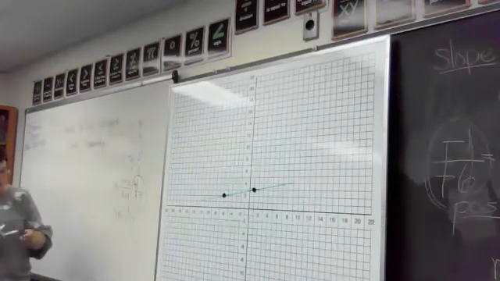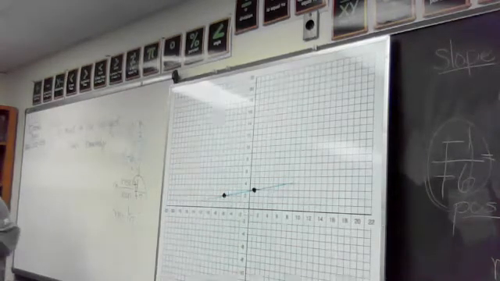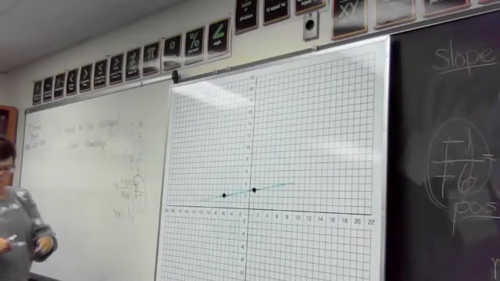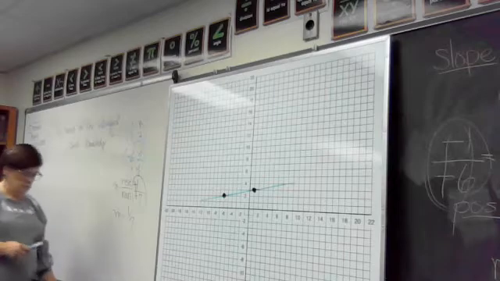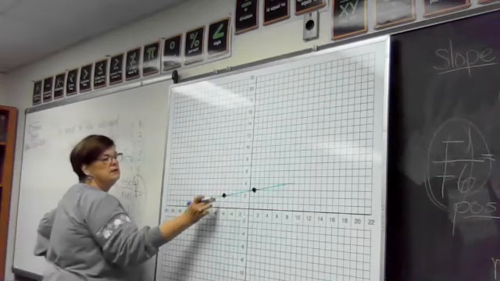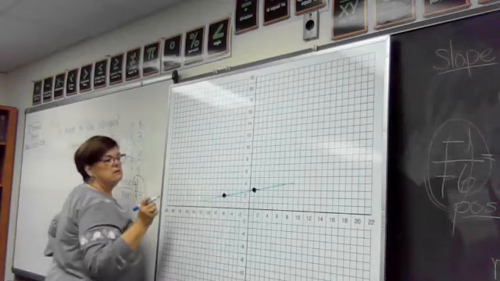Okay, and let's use the same thing that she did just now, and let's go from the other house, just to show you. She went from this house to this house. Let's go this house to that house.